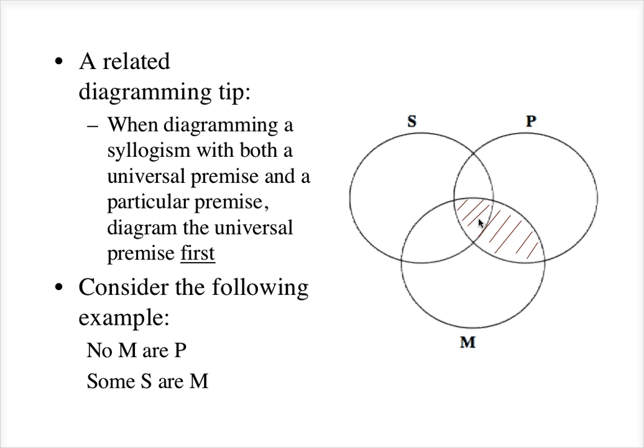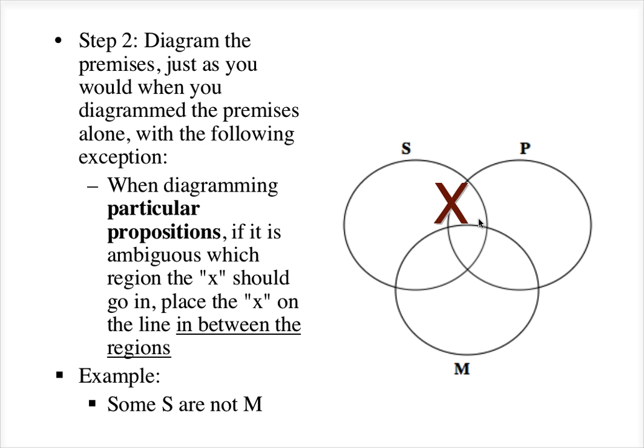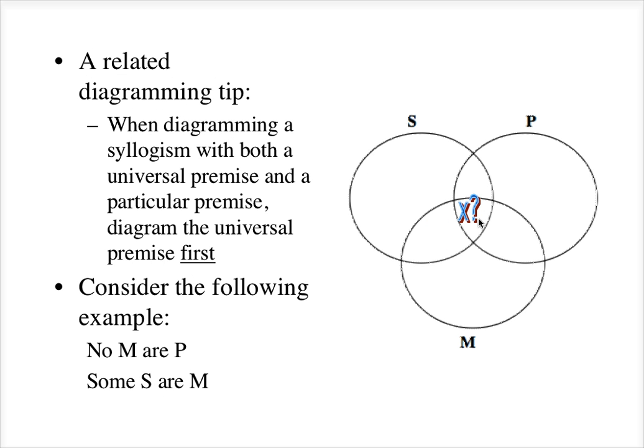We've just eliminated that one possibility we had back here. Okay, so this was a possibility, but as soon as we diagram the universal premise, it's no longer a possibility because we've just said there's nothing here. So we know that there are some S's and some things that are both S and M, and we know they have to be here because we know there's nothing here. So that's how we diagram that one.